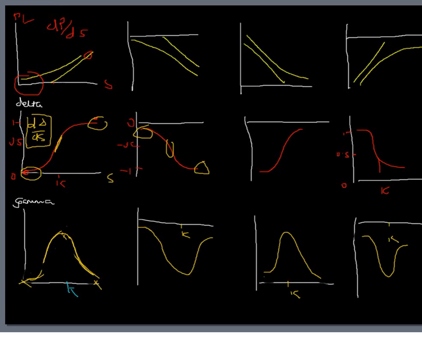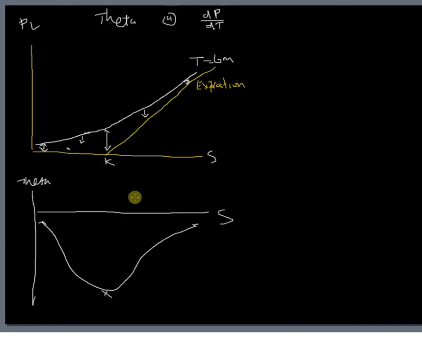Alright, let's go back to the theta diagram. Another way of showing the theta diagram is using the time value. We know that the option price is made of two components.